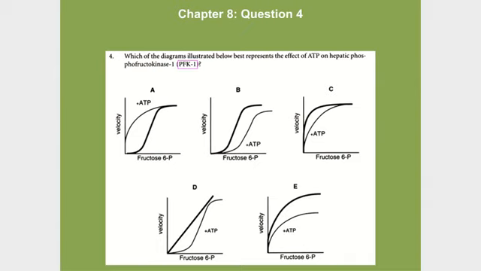If the solid black line is the enzyme phosphofructokinase 1, remember, allosteric enzymes give rise to a sigmoidal, S-shaped curve. Because it gives rise to an S-shaped curve, we can eliminate option D because that's a straight line. Option E is a hyperbolic curve. Option C also is a hyperbolic curve.